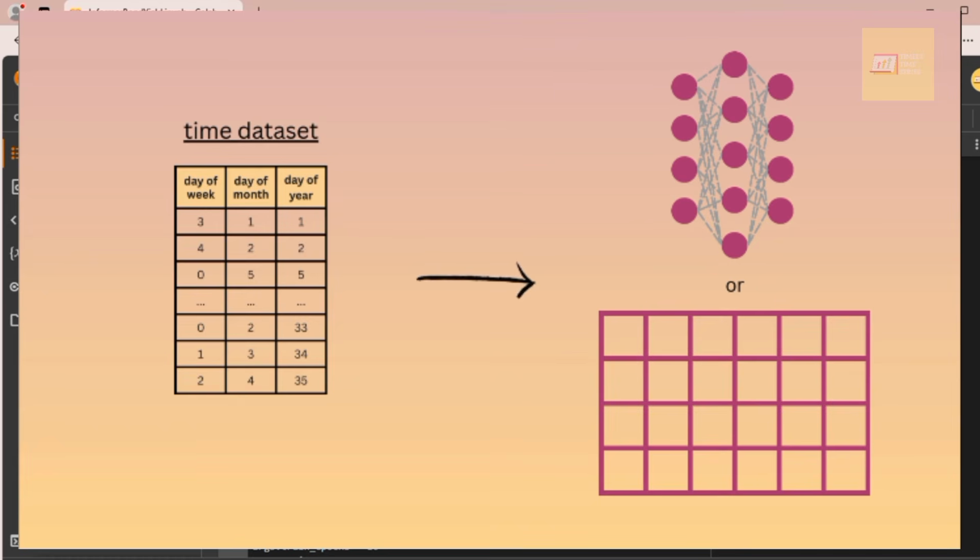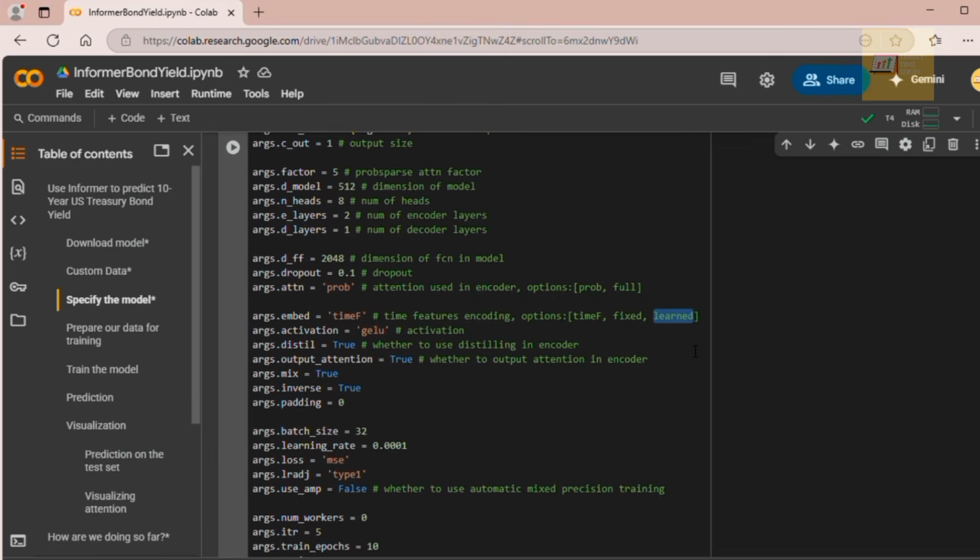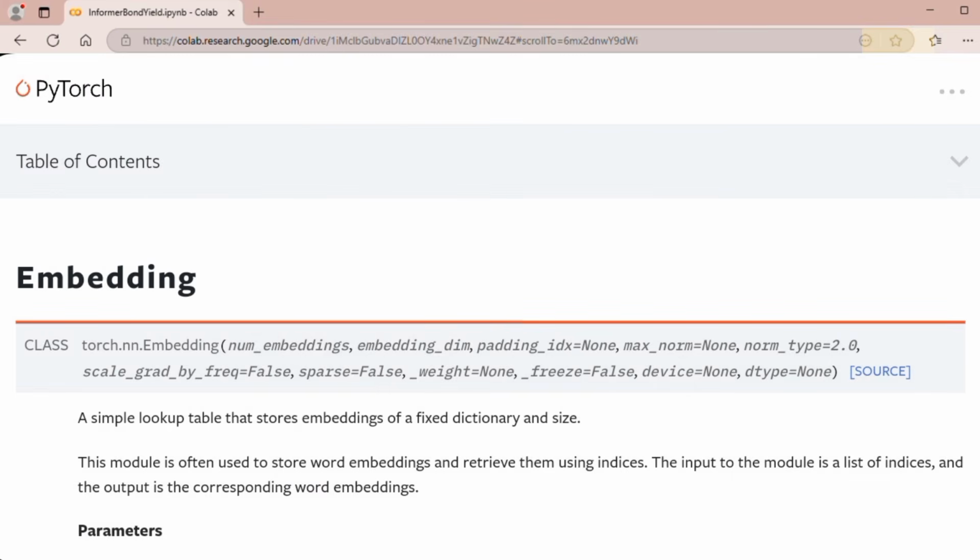And then the fixed and learned embeddings are quite similar because they are not putting the timestamp dataset into a linear or dense layer. Instead, they are using the embedding layer. They will just build a lookup table of the time, with sizes for each unit of time.